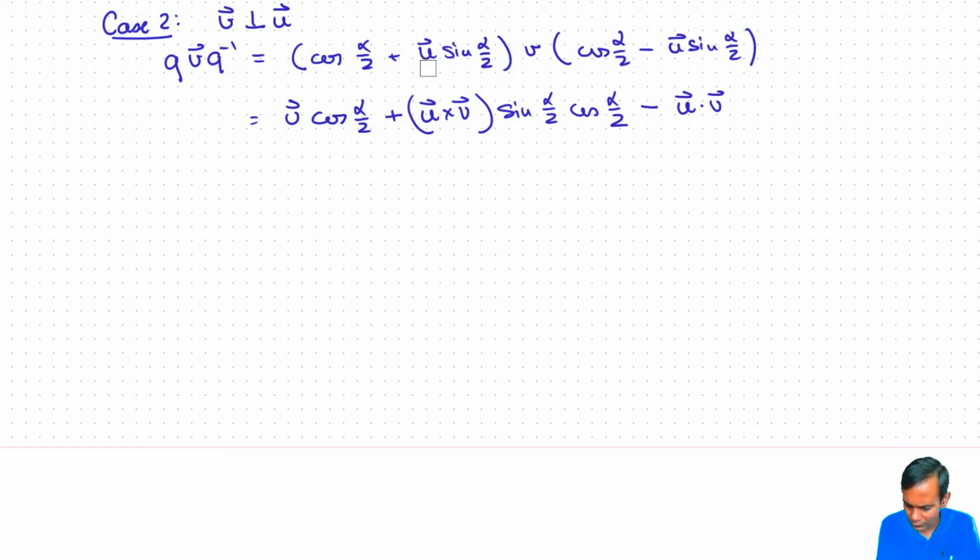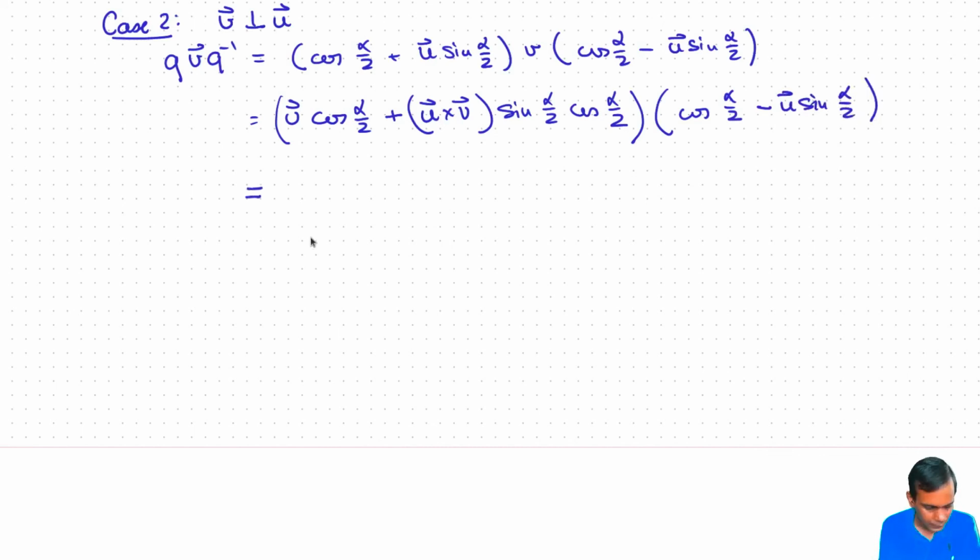U dot v sine alpha by 2 cos alpha by 2. So let's not write that. So we've taken care of that, and now we have this multiplied by cos alpha by 2 minus u sine alpha by 2.